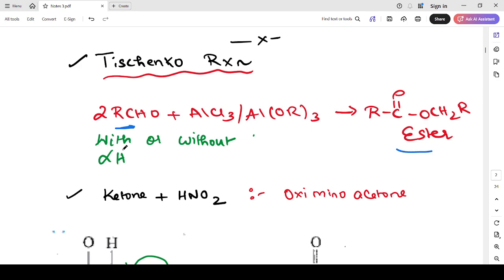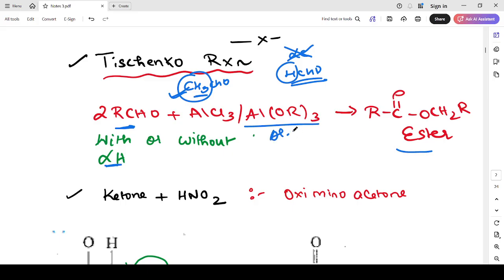You have an aldehyde, whether it has alpha hydrogen or not. That means it could be CH3CHO or even HCHO. Here there is no alpha carbon at all, so no alpha hydrogen. Here there is an alpha carbon, so it has alpha hydrogen. In both cases, you treat it with aluminium alkoxide.